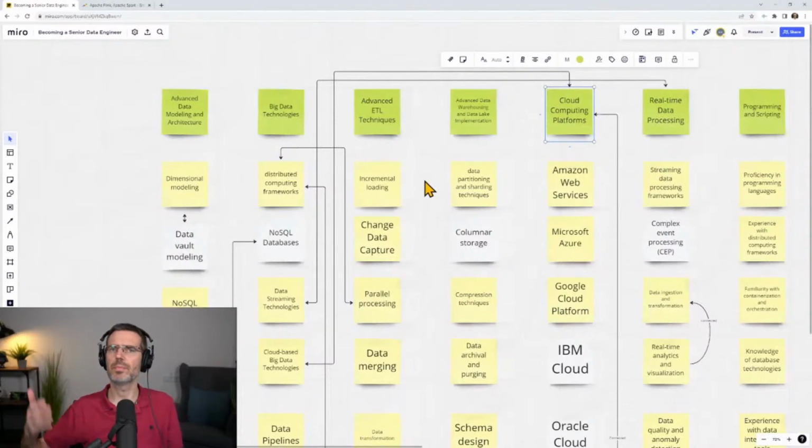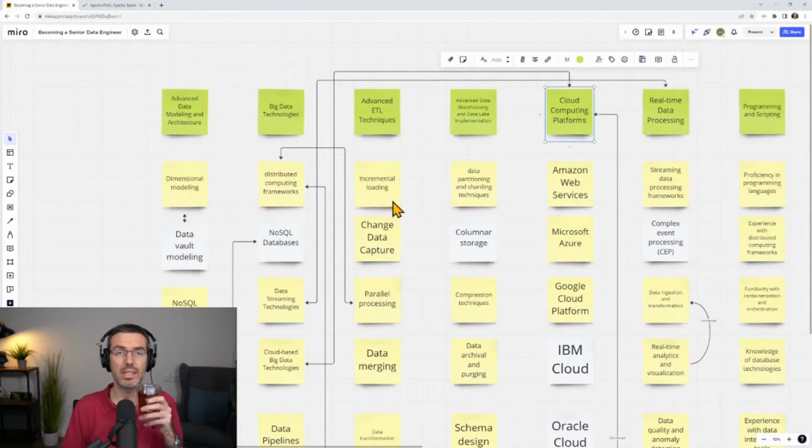Like the conceptual stuff, the design phase, that's where you need a good senior engineer, and what a senior engineer should be very good at.